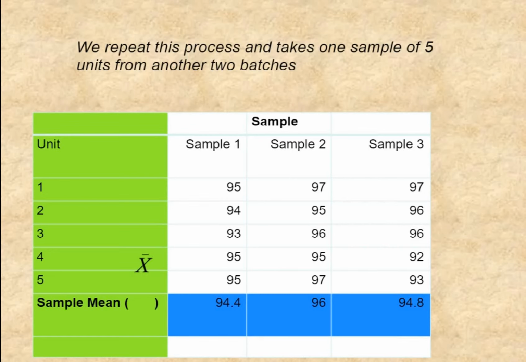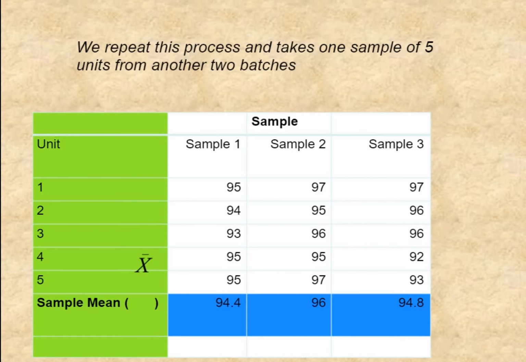And then we repeat this process again. We take the third sample. Notice that we can take as many samples as we want. In this example, we take 3 samples. For each sample, we calculate the sample mean. What is a sample mean?